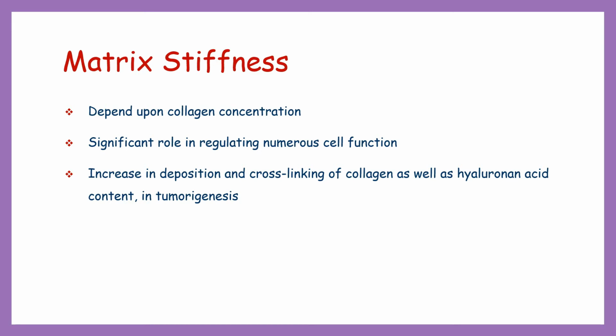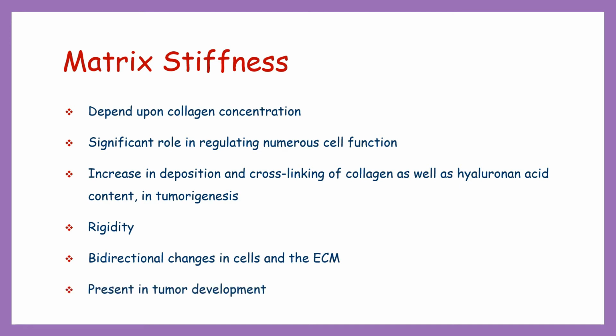Tumors are frequently stiffer than surrounding healthy tissue due to an increase in collagen deposition and cross-linking, as well as high hyaluronic acid concentrations. ECM stiffness has also been linked to tumor growth. Physical cues like stiffness often vary in tandem with changes in ECM composition, resulting in bidirectional changes in cells and the ECM.